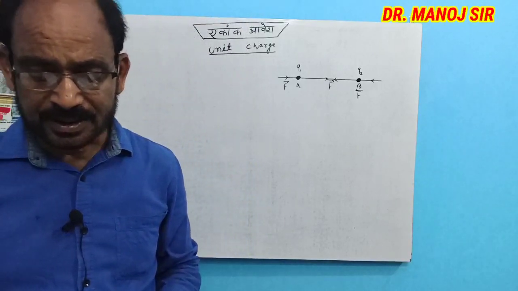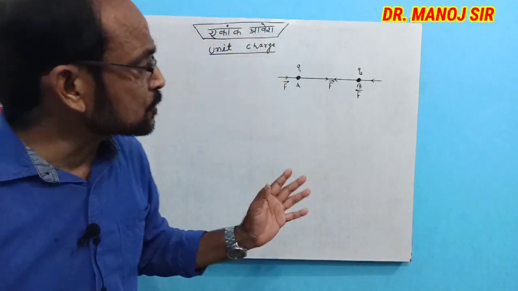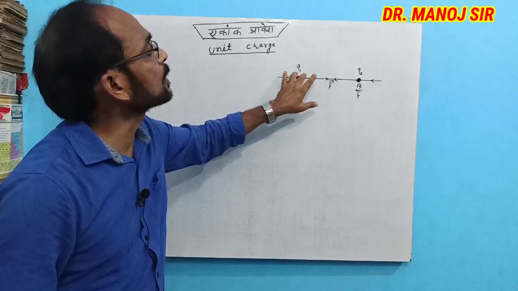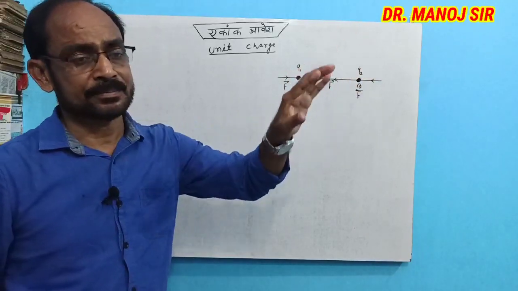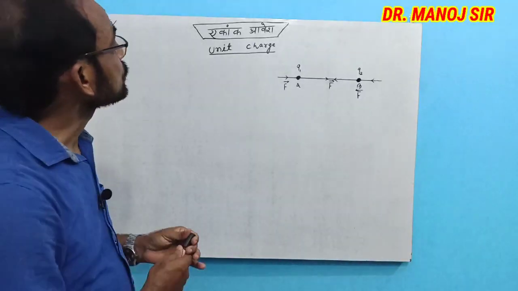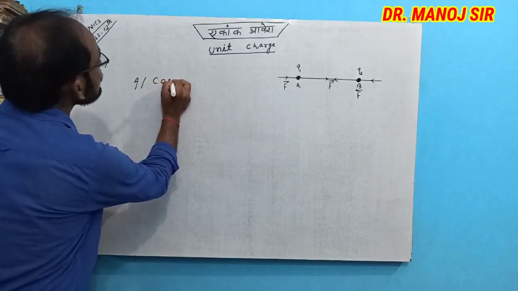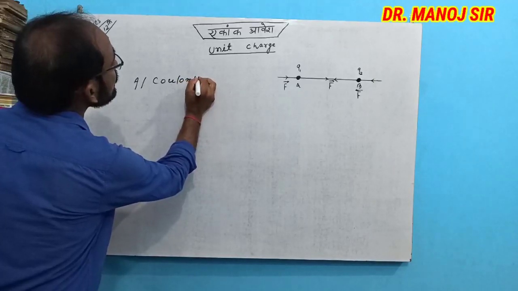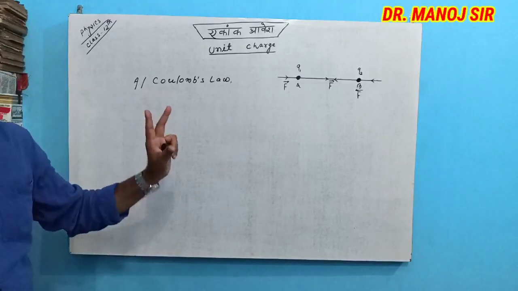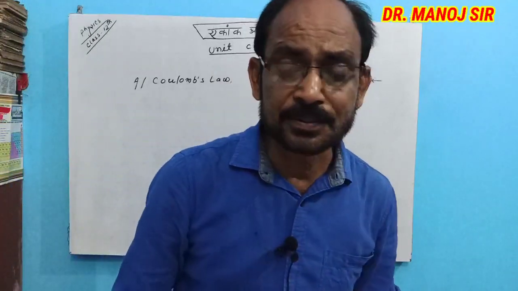Consider in vacuum acting force between two charges Q1 and Q2 which are equal and similar charges. So according to Coulomb's law, as you know, Coulomb's law is said to be an electric force.